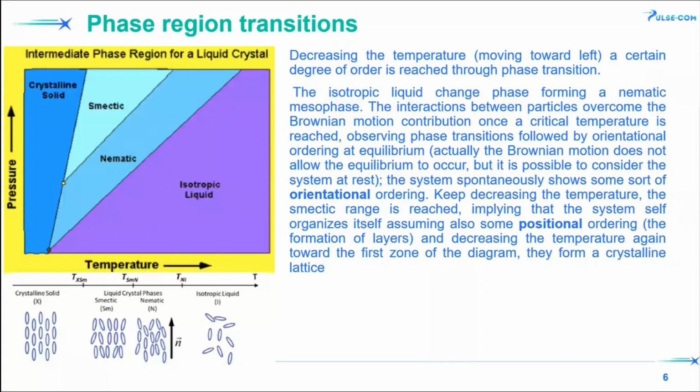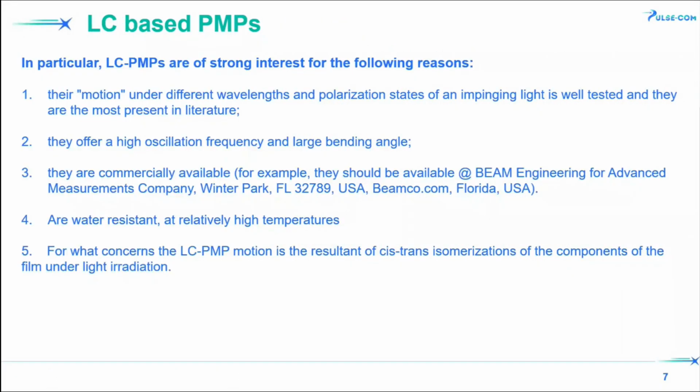Anyway, of all these kinds of liquid crystals, the liquid crystal elastomers are the most used for the production of PMPs because they are very performing in terms of the wavelengths, conditions, and polarization of the light you can use to change their properties.